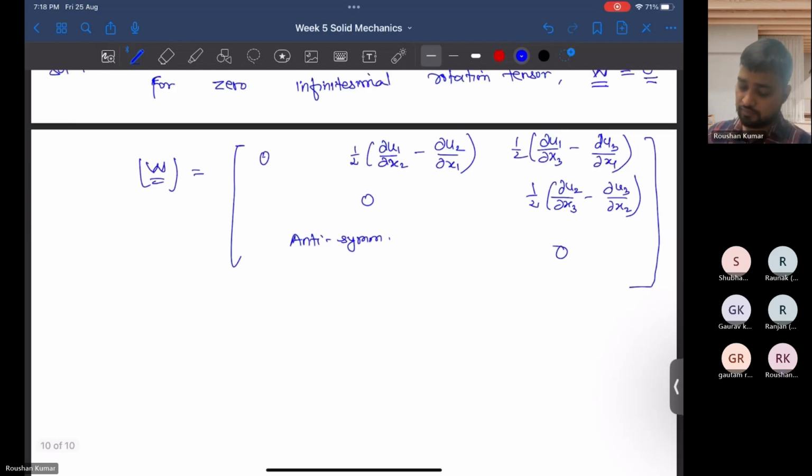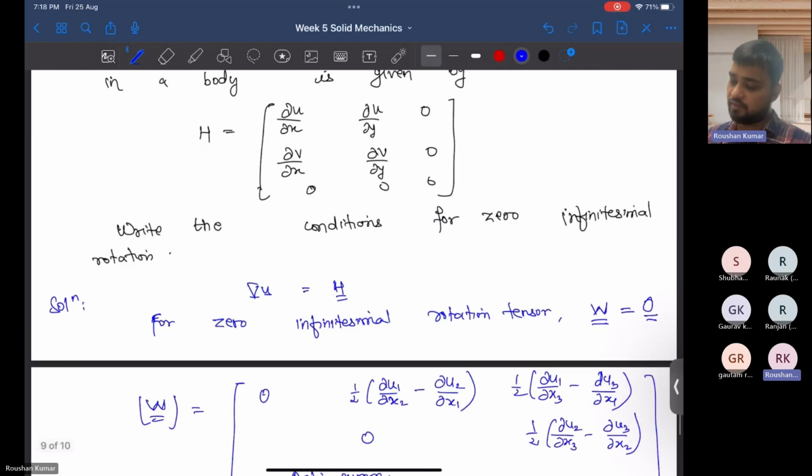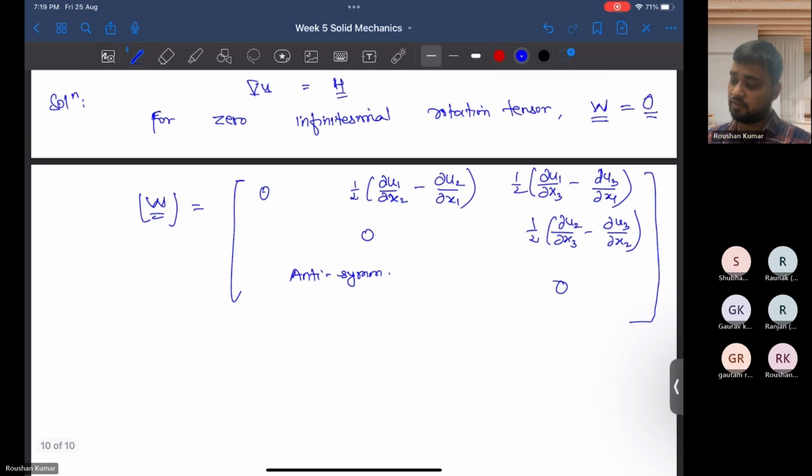As you see, there is no displacement gradient in the third row and the third column. That means there is no contribution of displacement along the z direction. So all the components which have a contribution along the z direction will be 0.